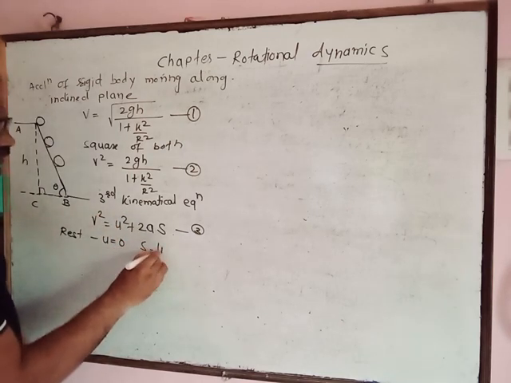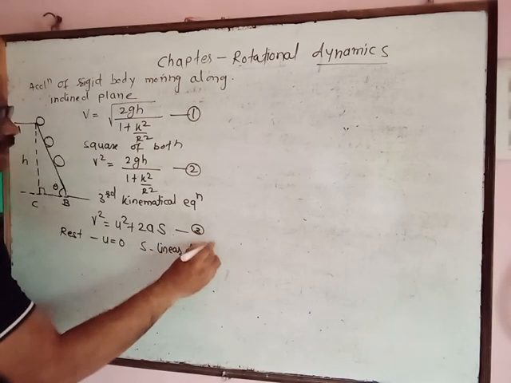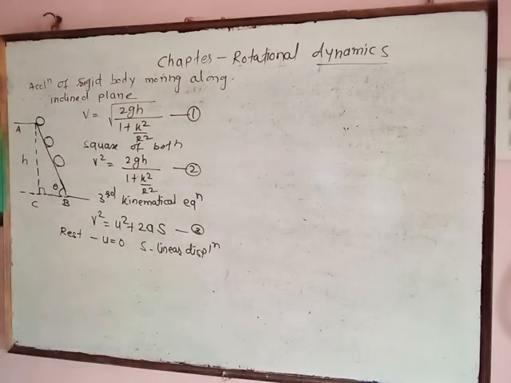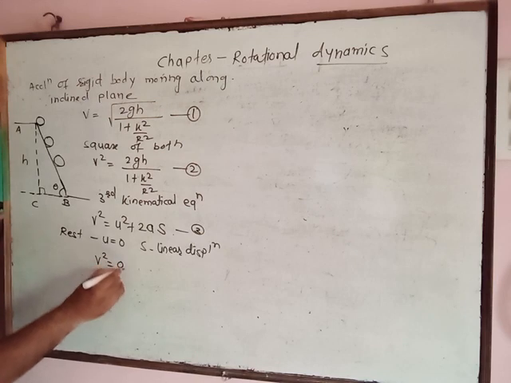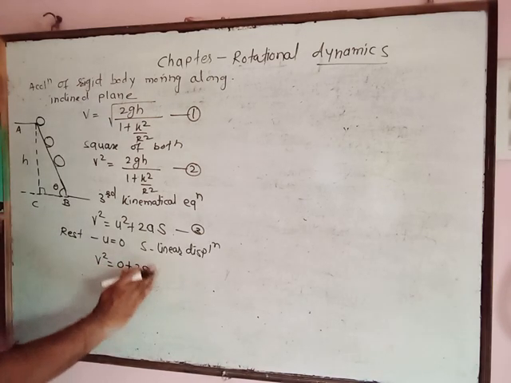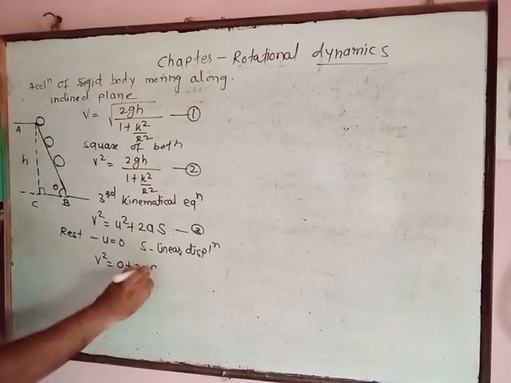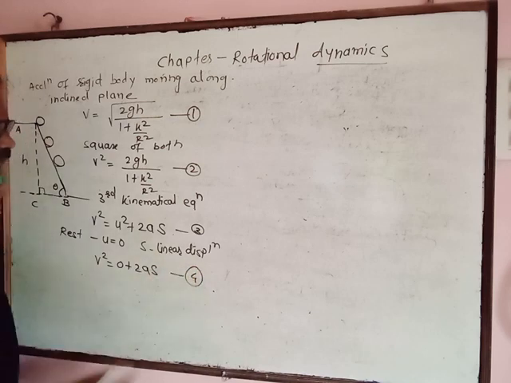S is the displacement covered by the body along the incline. Therefore the above equation can be written as V square equals 0 plus twice a into s. This is equation number 4.